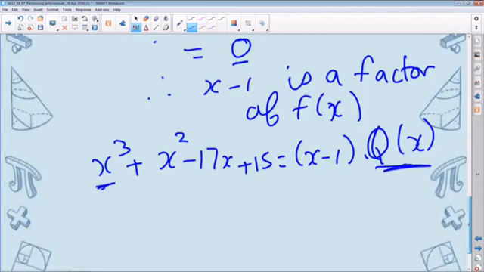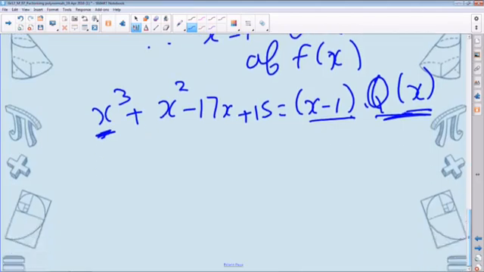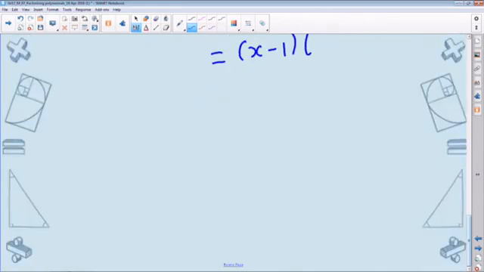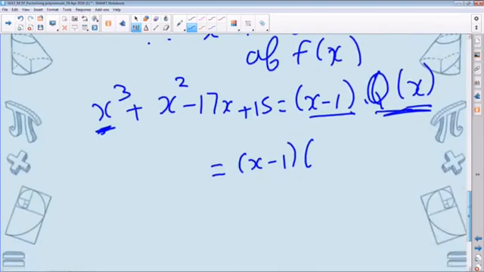So if you were dividing an x cubed function by a linear function, you're going to get a quadratic quotient, or a quadratic answer. So therefore, this is going to be x minus 1 times some quadratic function. Now we need to work out what this quadratic function is, and this is where we're doing division by inspection. So it's really just by looking at it and getting our answer.